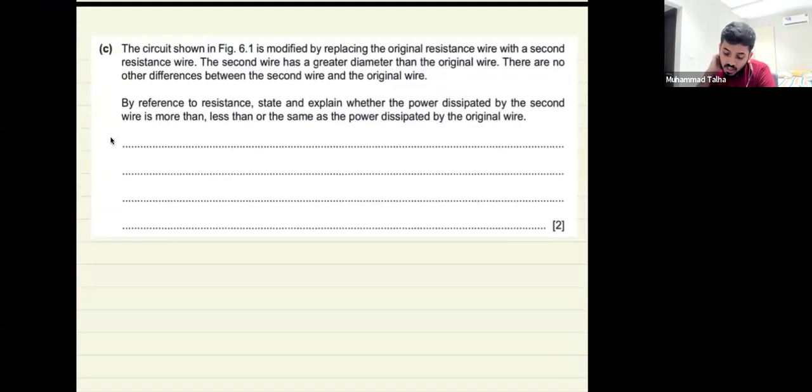So it says the second resistance wire has a greater diameter, right?